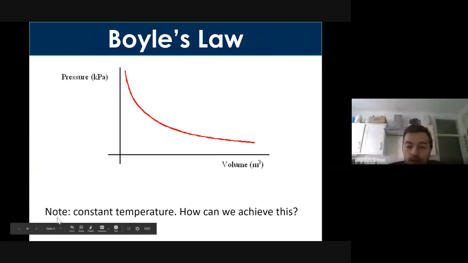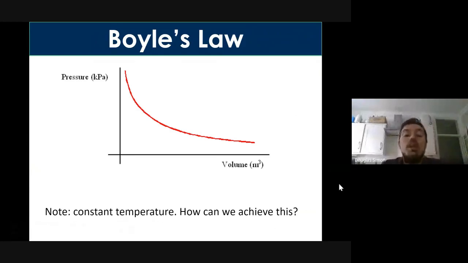So think about this question here. How can we actually achieve a constant temperature in the real world if we're changing the volume or the pressure? So it's hard, but you can do it. You basically just have to make sure the change happens slowly. If you increase the pressure a little bit, the volume will decrease.